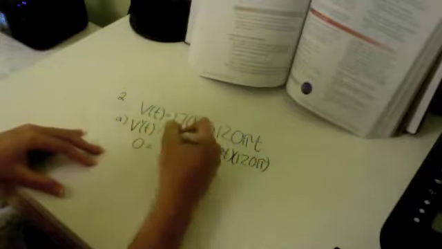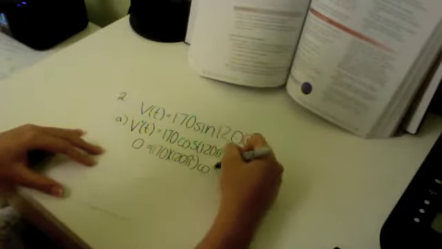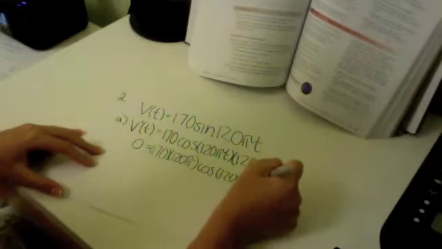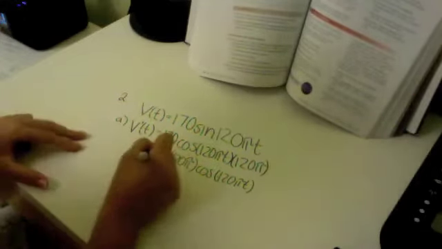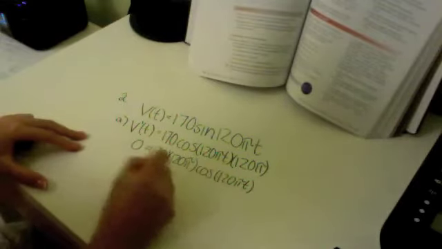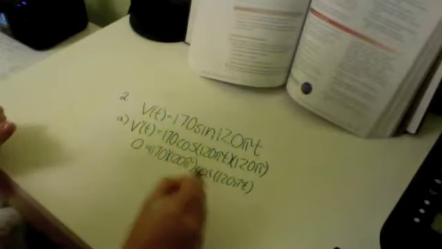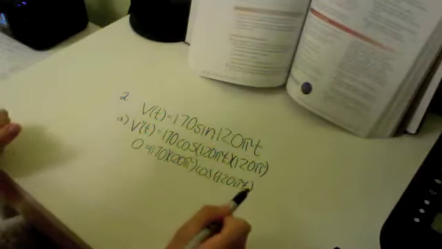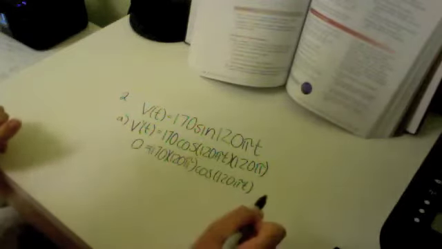Once you have found the derivative, you set the equation to 0. After you do that, you want to get rid of this because you're trying to get cos by itself.